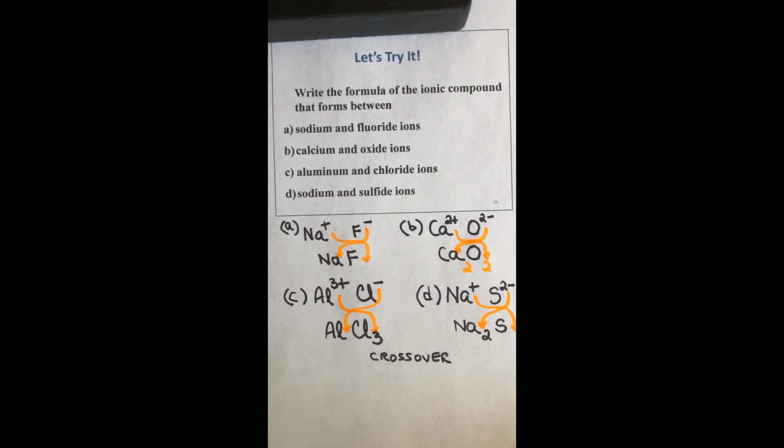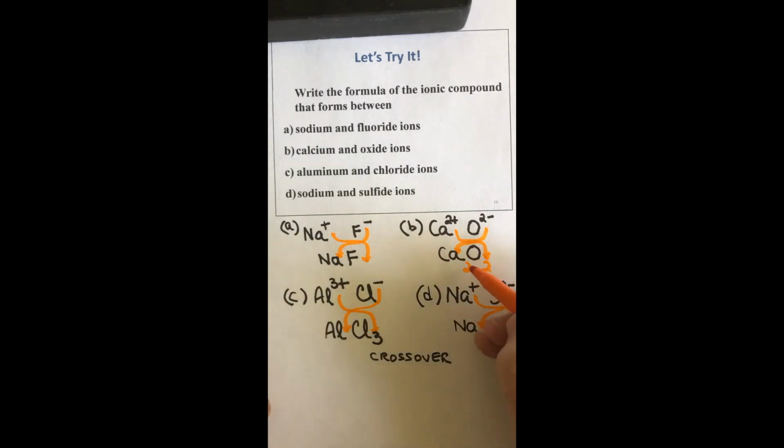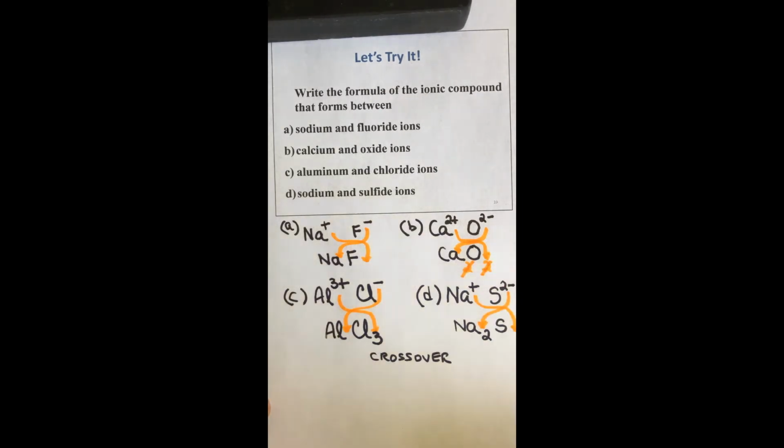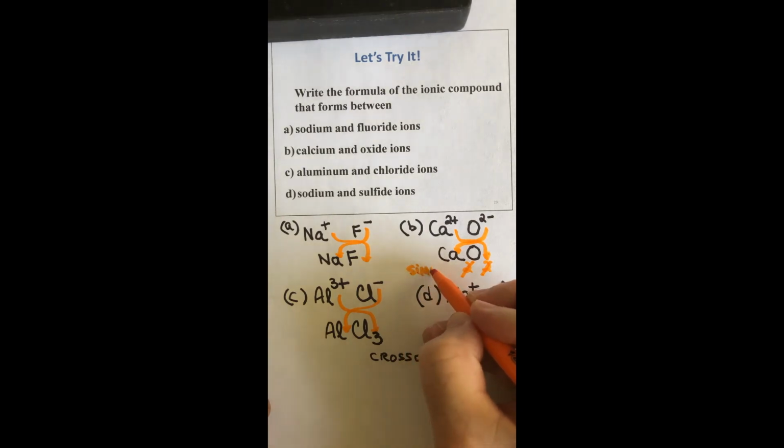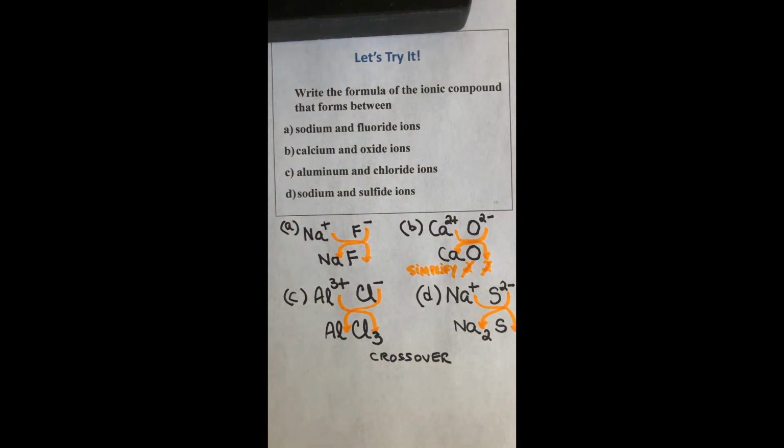And a 2-to-2 ratio can be simplified, right? So when we have this kind of situation, we are going to simplify. And I hope this comes across here in the colors. We're going to simplify so that we have the smallest possible whole number ratios of ions in the formula of the compound.